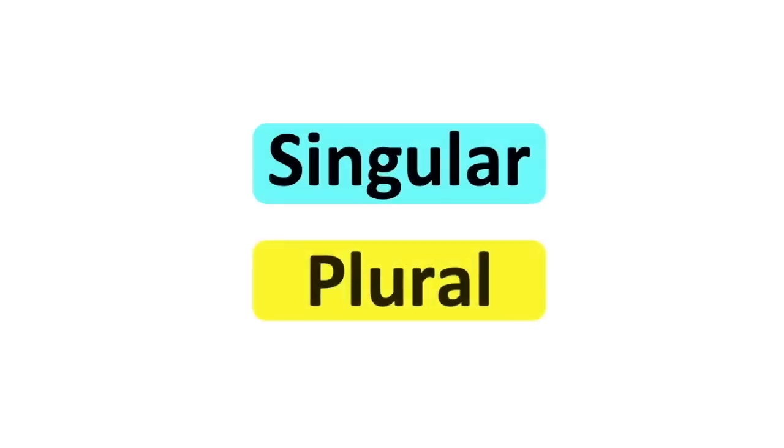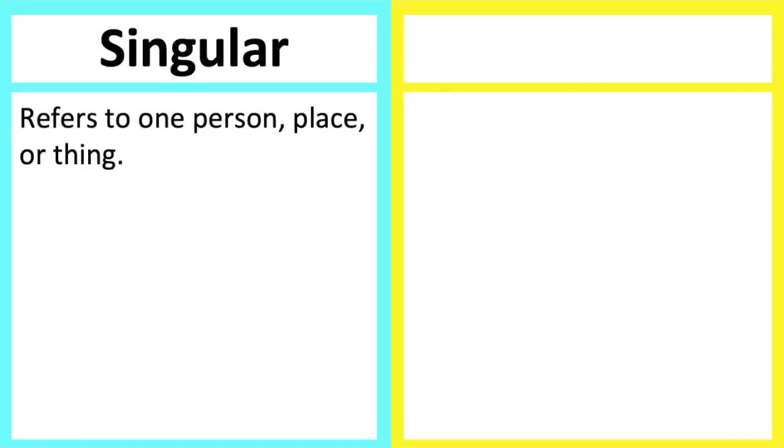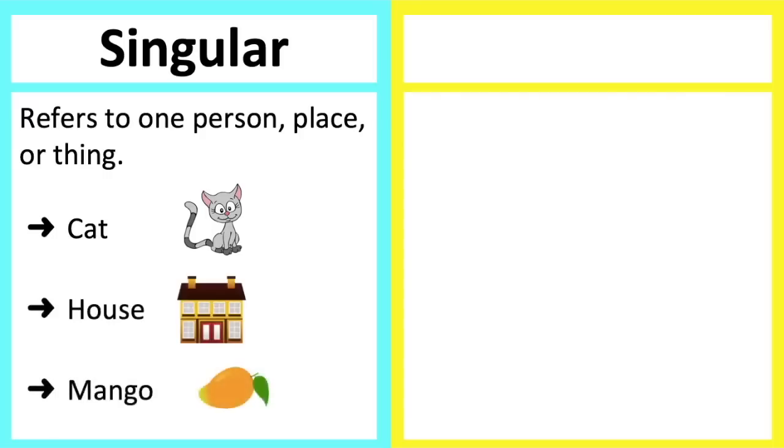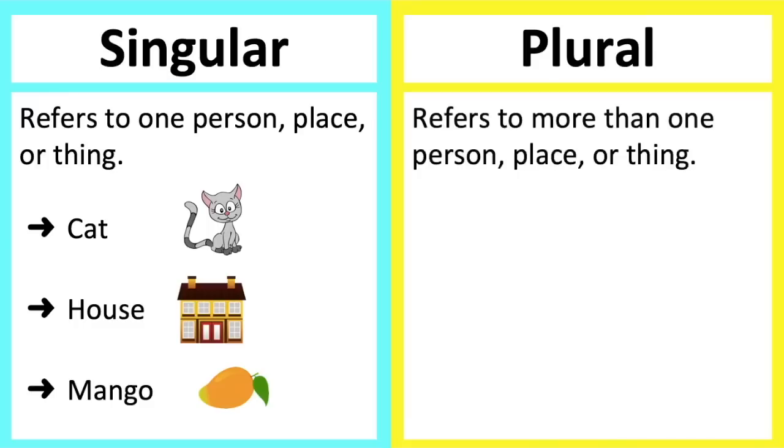Singular, plural. Singular refers to one person, place, or thing. For example, cat, house, mango. Plural refers to more than one person, place, or thing.